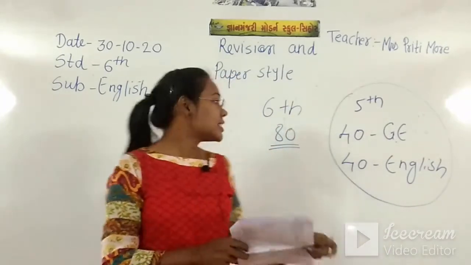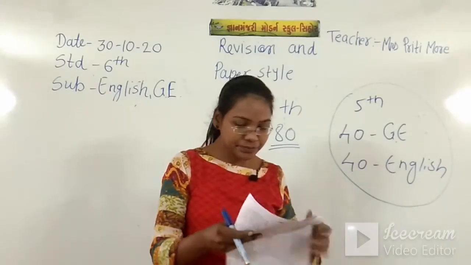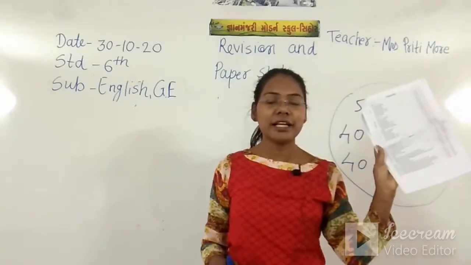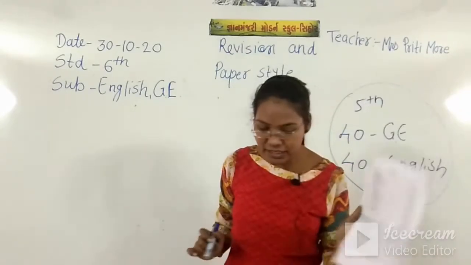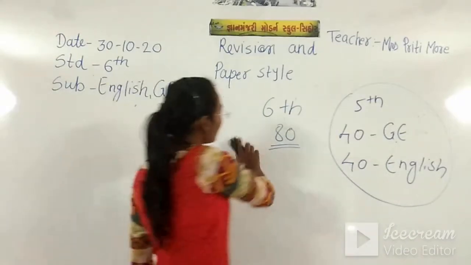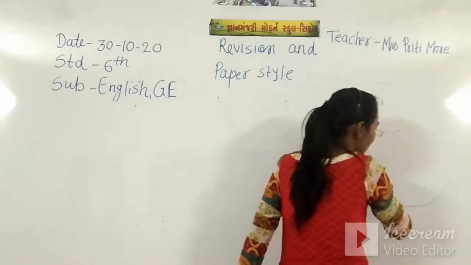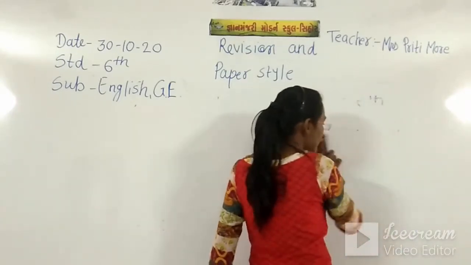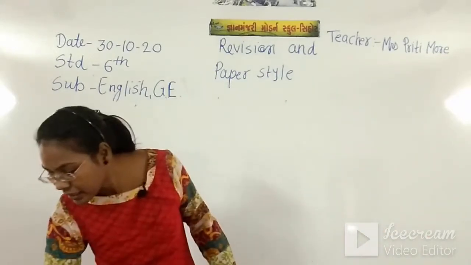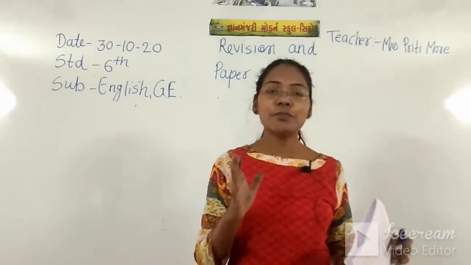So let's see the paper style. This is the paper style which I am having and I am just going to explain this. So first the question number 1 will be in section 1. Question number 1 will be for the glossary. Glossary is there when we read some lessons in your textbook.